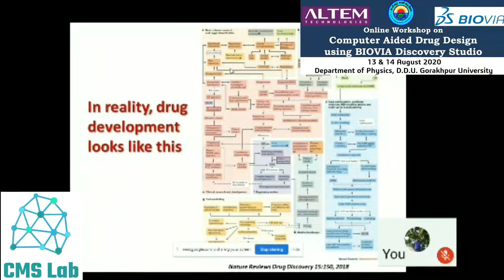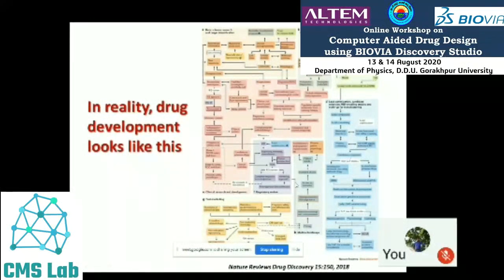And the next steps, like lead identification and optimization, may look simple, but many people are involved in those steps. A lot of money and time is involved in each and every step. In reality, it's very, very complex.